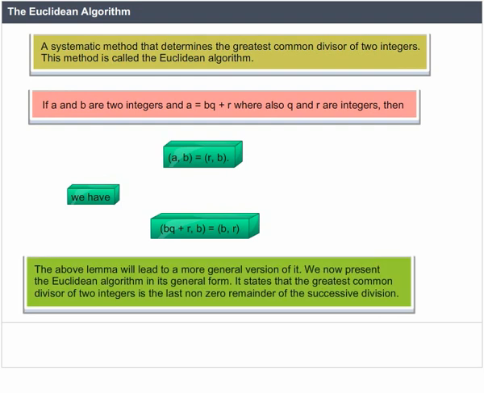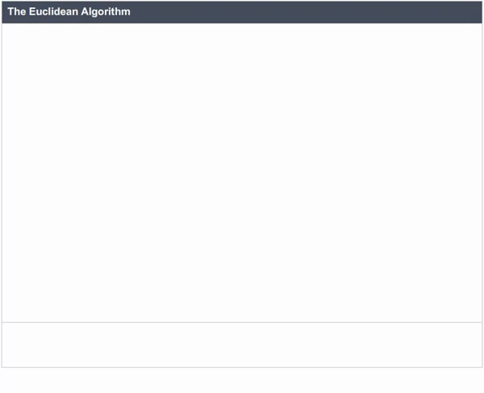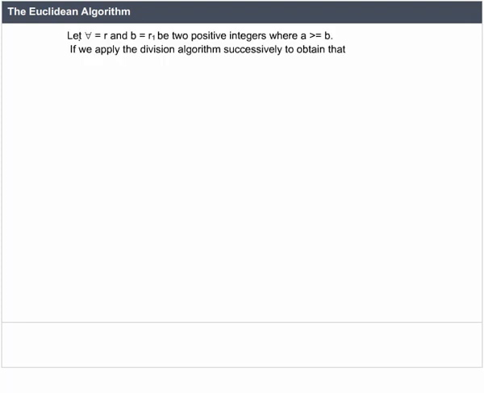We now present the Euclidean algorithm. In its general form, it states that the greatest common divisor of two integers is the last non-zero remainder of the successive division. The Euclidean algorithm. Let a = r0 and b = r1 be two positive integers where a ≥ b.